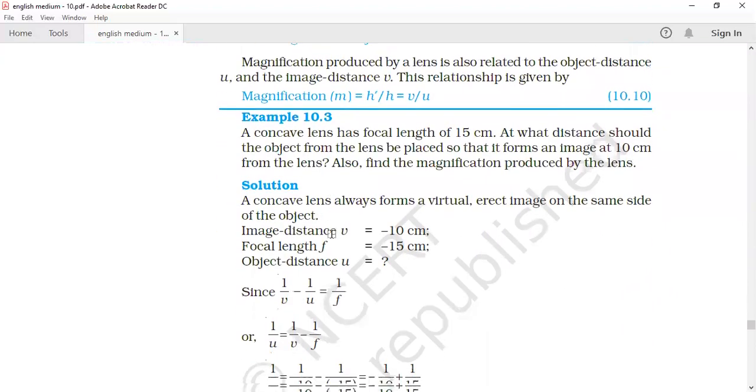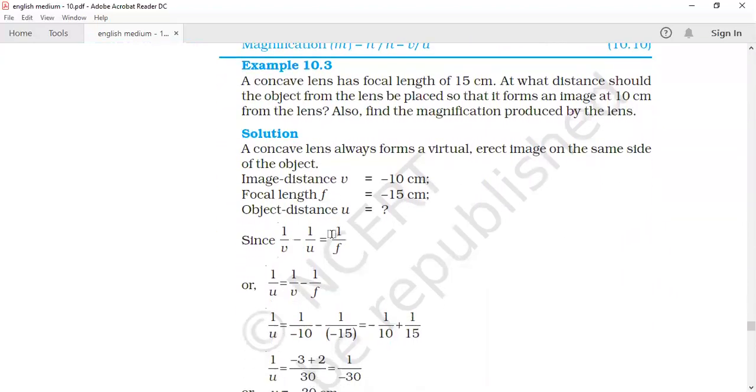Okay friends, so now we are showing a next example from the lens. A concave lens. Now you are showing a word lens. So definitely we use the equation 1 by v minus 1 by u is equal to 1 by f. It has a focal length of 15 centimeter.